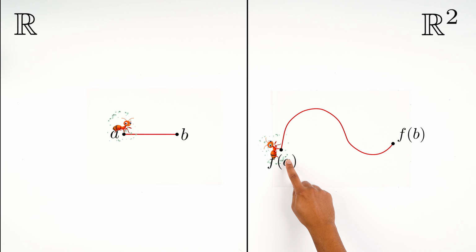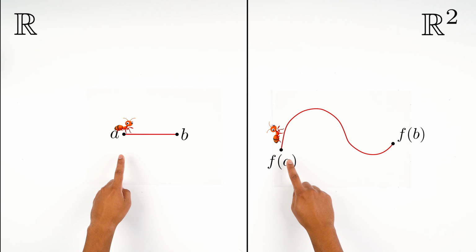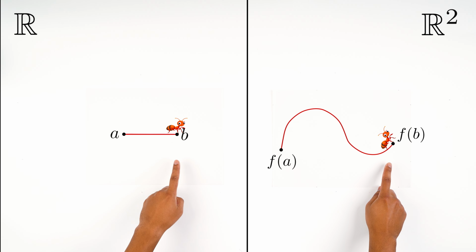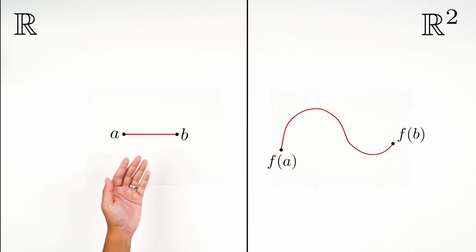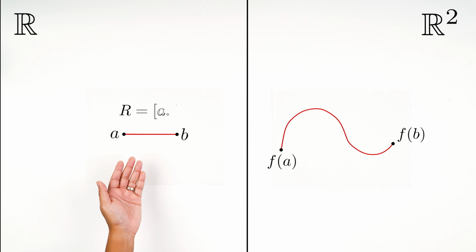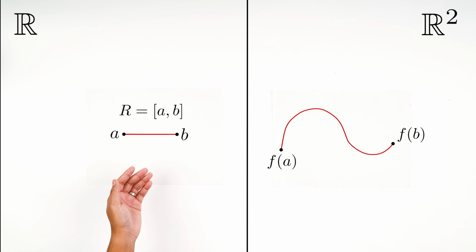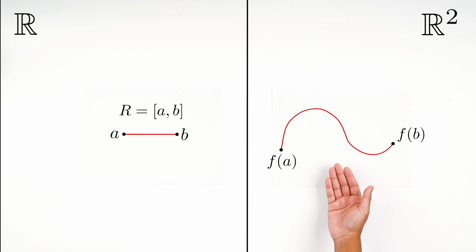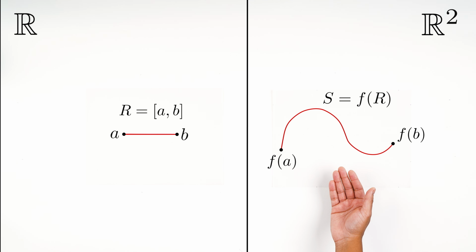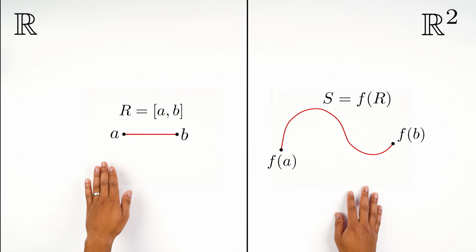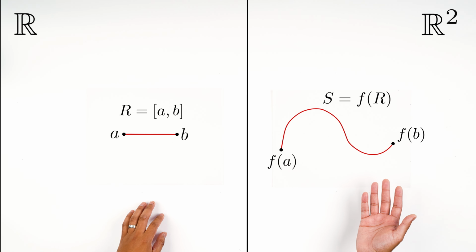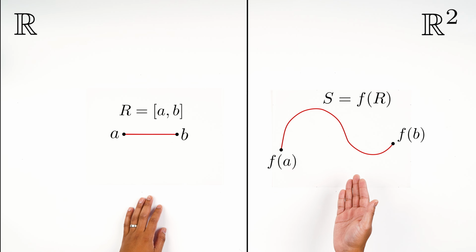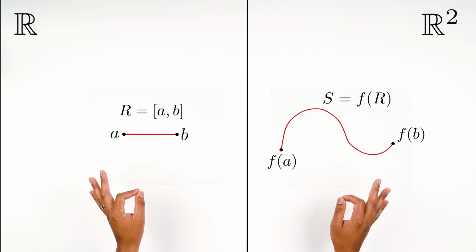It starts here at time t is A and ends here at time t is B. The interval AB is a rectangle R in the one-dimensional domain. The image f of R is equal to our curve S in the two-dimensional codomain. Assuming our map F is C1 on an open set containing our interval, Sard's theorem automatically proves the curve S has zero Jordan measure. That is slick and smooth. No need to break a sweat.